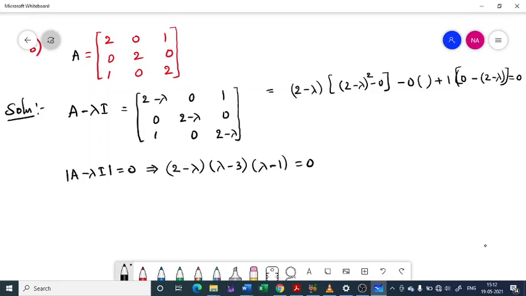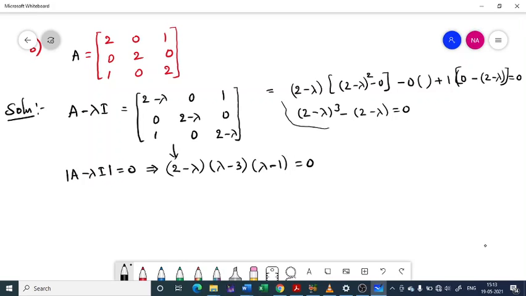So it will be actually (2 minus lambda) cubed minus (2 minus lambda) equal to 0. That step you have to do. After writing the matrix, I am directly writing the polynomial. This is what you had to do actually. For every problem I am not going to do this step, I will directly write the characteristic polynomial.